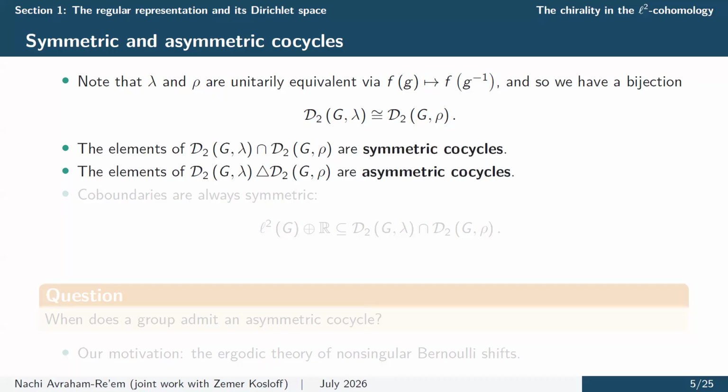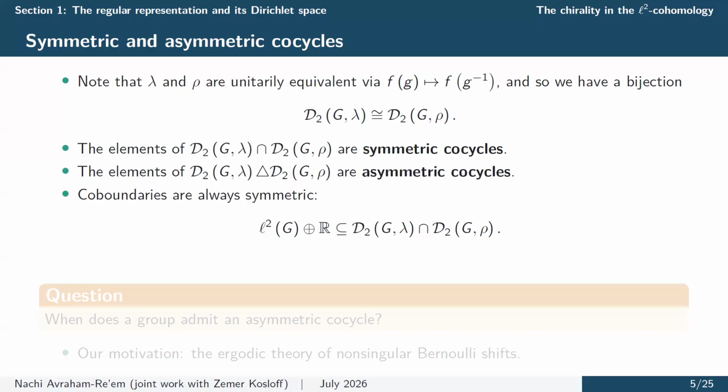We're going to discuss that, but terminology-wise, let us use this convenient terminology. And let us make the observation that coboundaries, meaning those L2 functions or constants or sums of such, are always symmetric. Obviously they satisfy both directions, two-sided cocycles. Translate them from the left, compare to the original one, or translate them from the right, compare to the original one, they will be square summable.